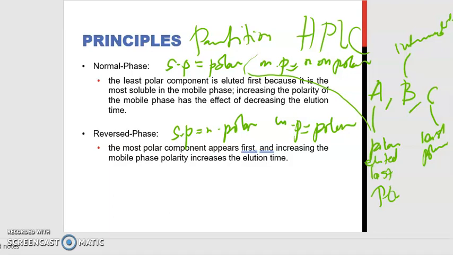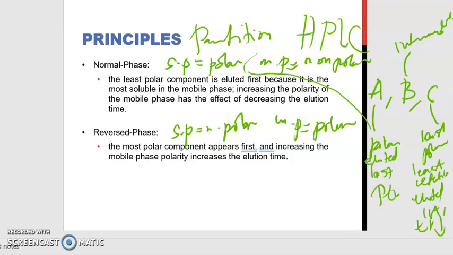So what happened? Stationary phase kita polar. So dia suka tak? Dia lekat, tapi lekat sekejap sahaja. So it will have the least attraction, least retention towards stationary phase. So it will be eluted first. Retention time dia rendah. If you increase the polarity of the mobile phase, it has the effect of decreasing the elution time.